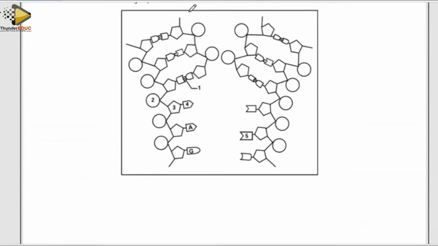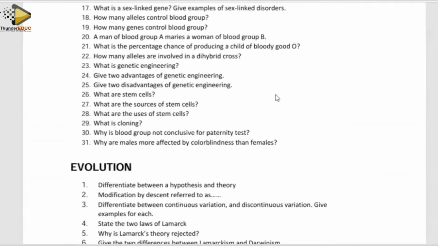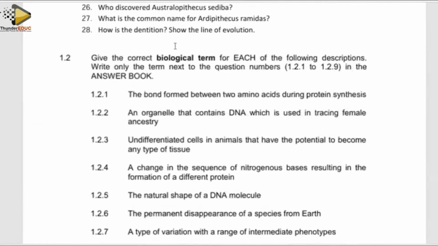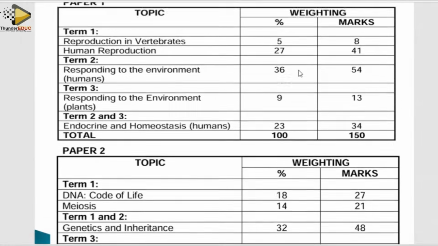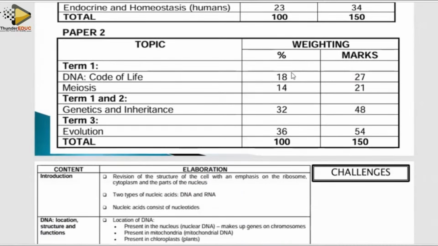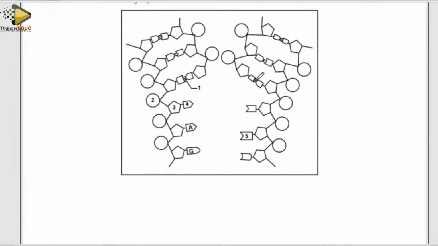But before I go there, don't forget this: your paper 2 will be DNA, meiosis, genetics, evolution. Check the marks you're supposed to go for. All right, so we continue to the next question.